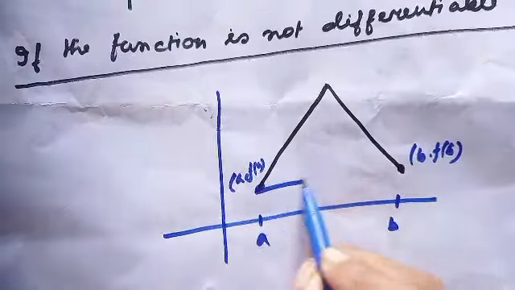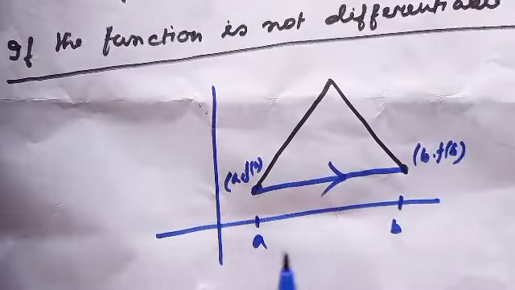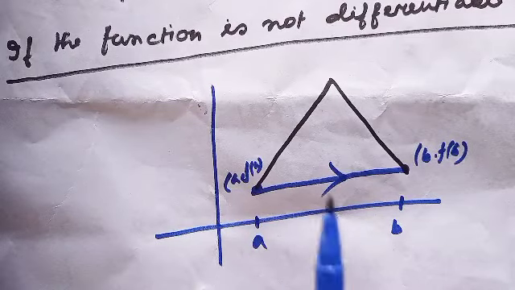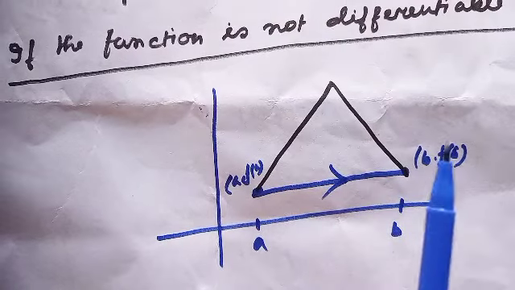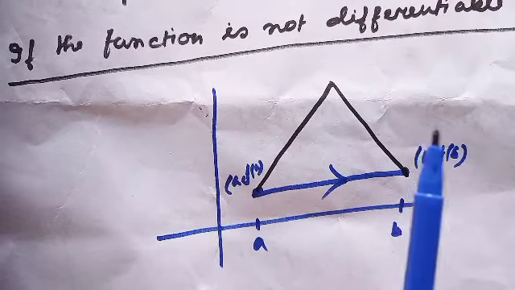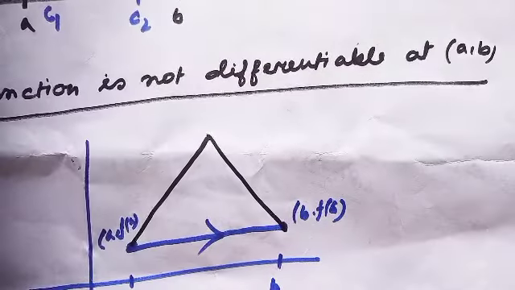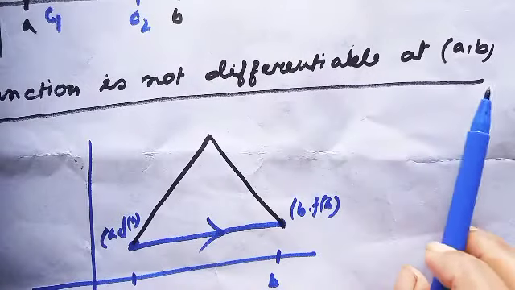And notice this is the secant line. Notice there exists no tangent line whose slope equals the slope of the secant line. The function must be differentiable on the open interval AB.